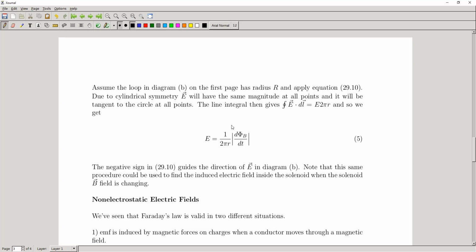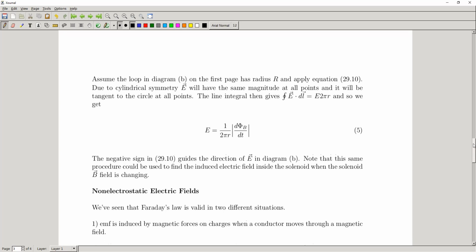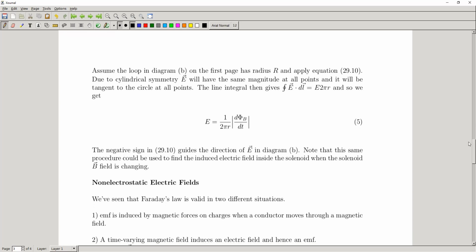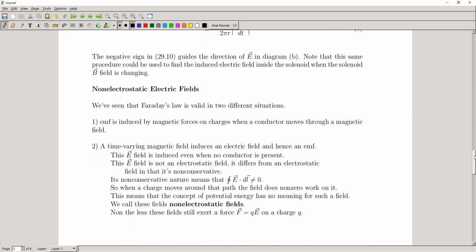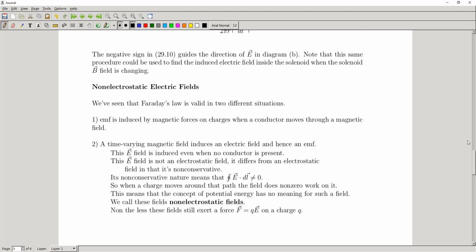So that's the expression for the electric field which is induced, or at least the magnitude of the electric field which is induced by our solenoid here. Let's now take a look at what we're going to call this electric field.